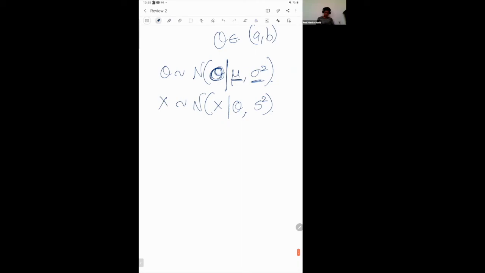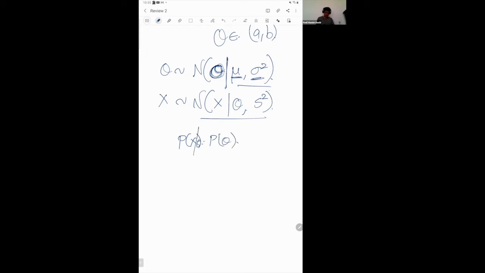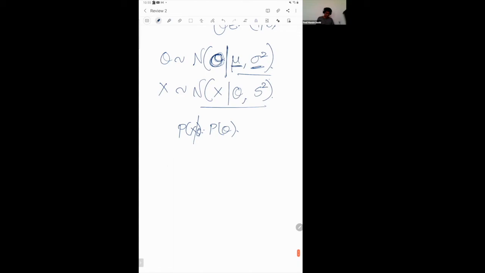Now if I'm multiplying these two distributions, probability of x given theta and probability of theta, what I end up with is, in general, whenever you are multiplying two normal distributions, you only care about the exponent term because these are all just constants.